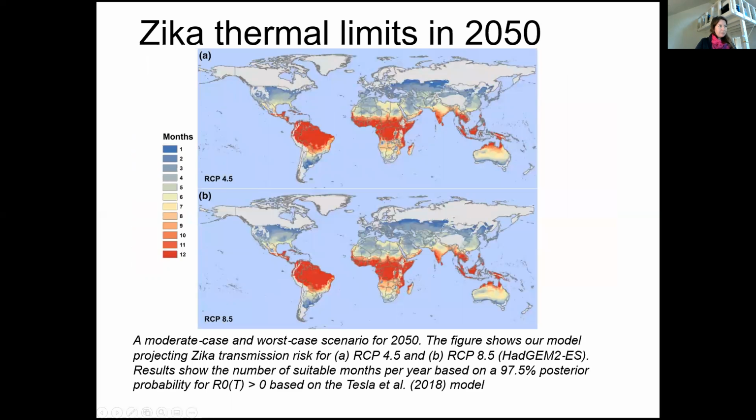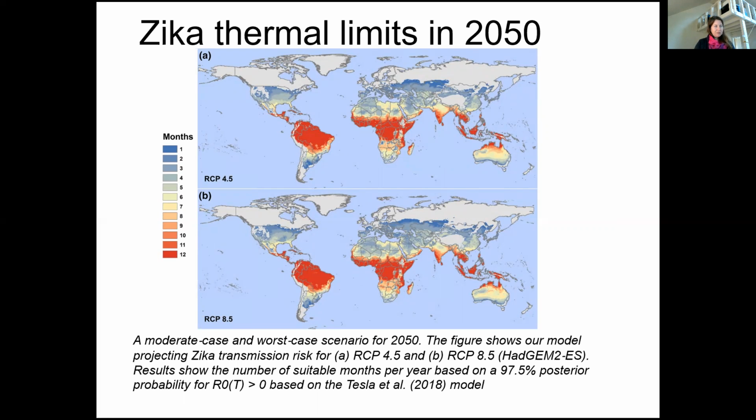When we look at this in 2050, under the moderate and worst case scenarios, so representative concentration pathways 4.5 and 8.5 in a midline global circulation model, we see these poleward shifts happen. They do not happen as dramatically as they did for dengue. However, we still don't really have a way of visually glomming onto this usefully in terms of risk.